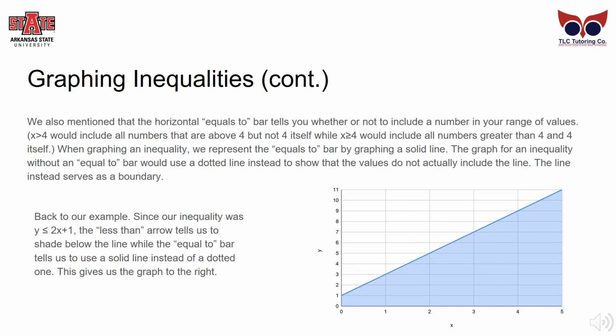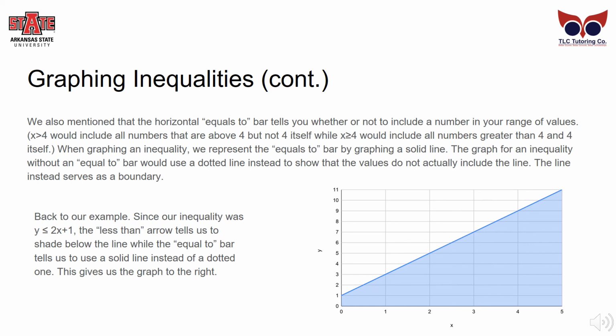We also mentioned that the horizontal equal to bar tells you whether or not to include a number in your range of values. X is greater than 4 would include all the numbers that are above 4, but not 4 itself, while x is greater than or equal to 4 would include all the numbers greater than 4 and 4 itself.